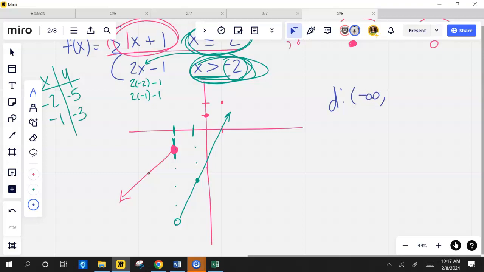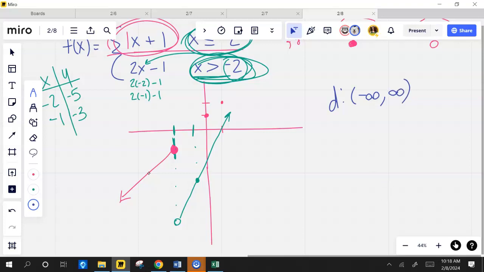I'm looking at this graph, right? Well, I'm still in domain right now. So what's my domain? -infinity to positive infinity. There's no time where I don't have a graph for x there.